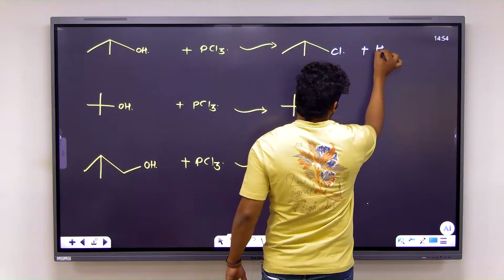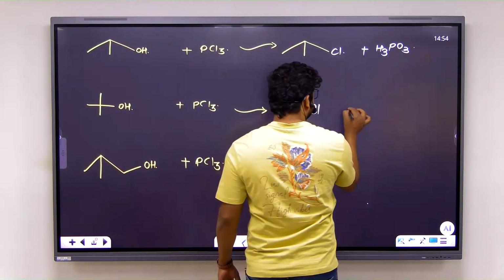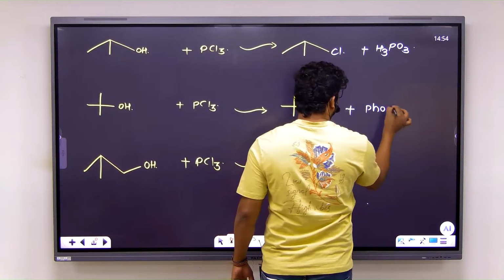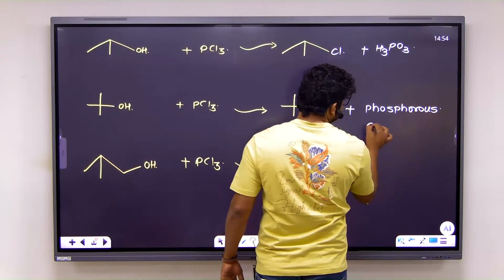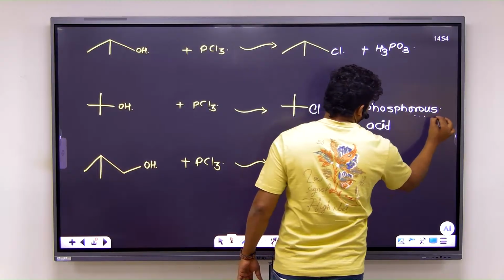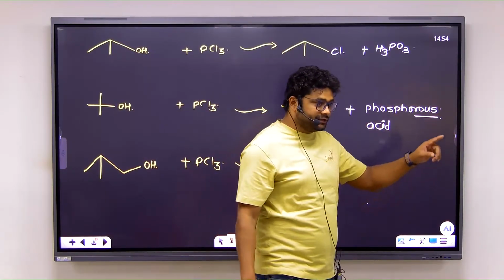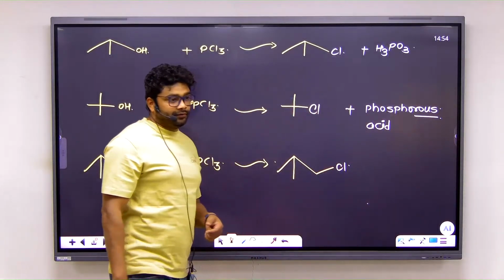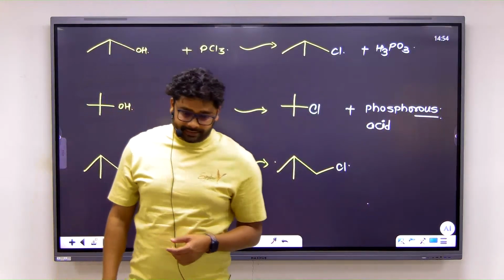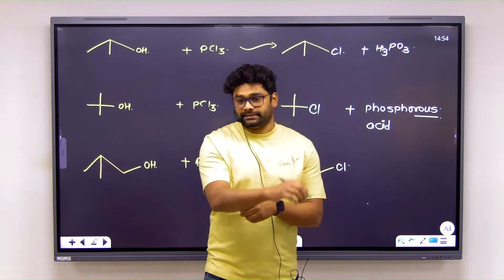What is the byproduct, guys? H3PO3. What is its name? Phosphorus or phosphoric? Phosphorus acid. If it is H3PO4, then it is phosphoric. Mentioned there above the red line: H3PO4 is orthophosphoric acid.